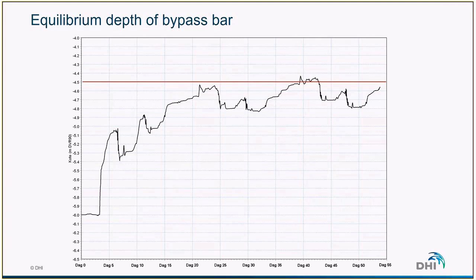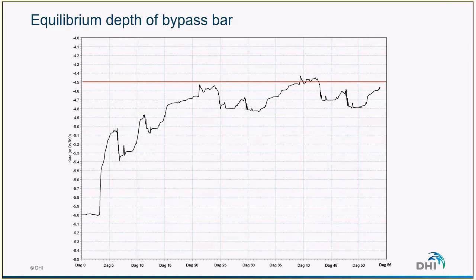And we can see that based on the calculations that have been made, the equilibrium depth of the bypass bar was reaching about 4.5 meters, which was exactly what the harbor wanted before they realized that they wanted to have a larger navigation depth.